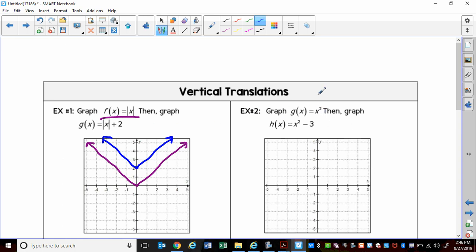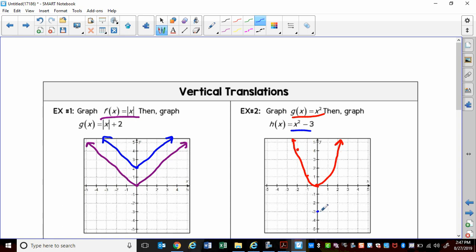Now let's look at the original function, g of x equals x squared. This is a parabola. 1 squared is 1, 2 squared is 4, negative 2 is positive 4, something like this. Symmetric. Now, minus 3 means we're just going to move it down 3. Let's do this one in blue.